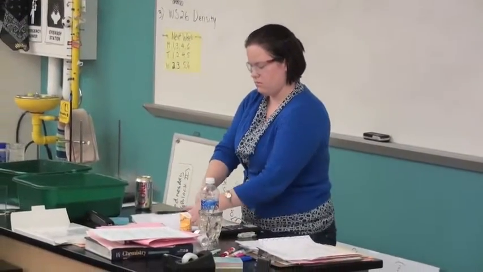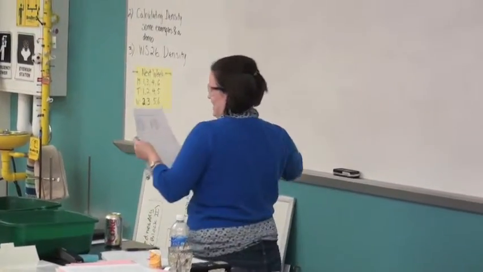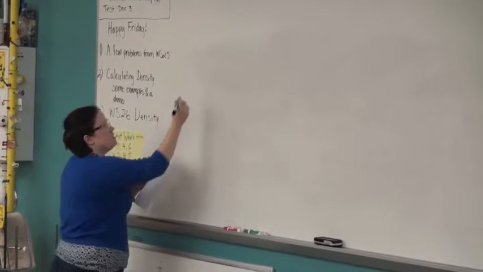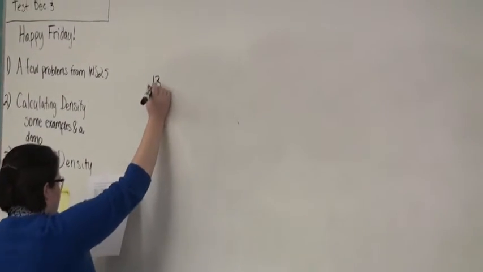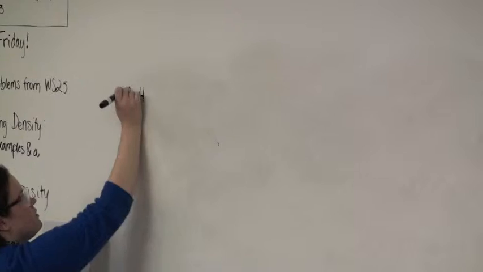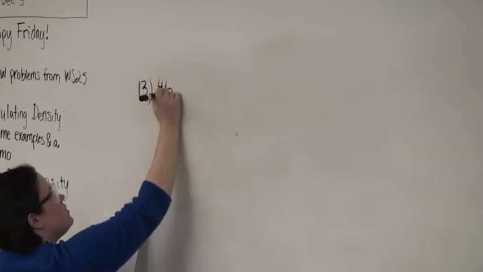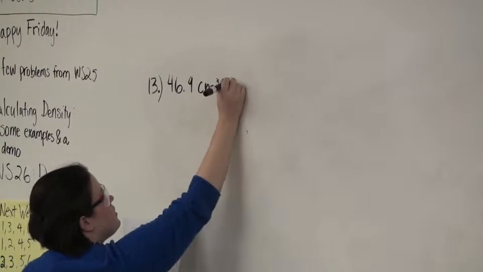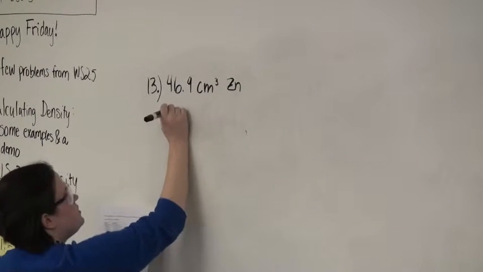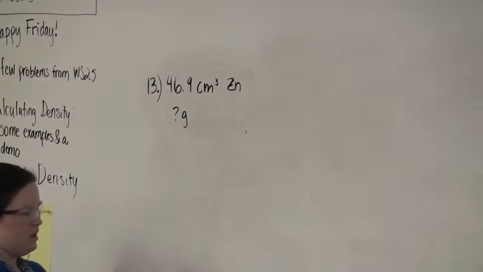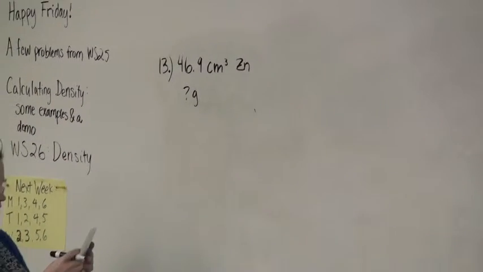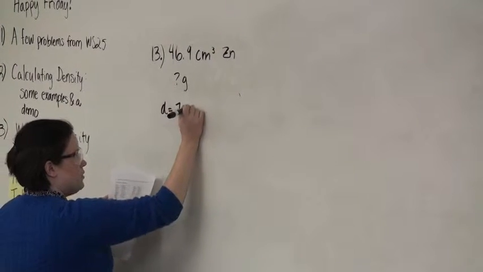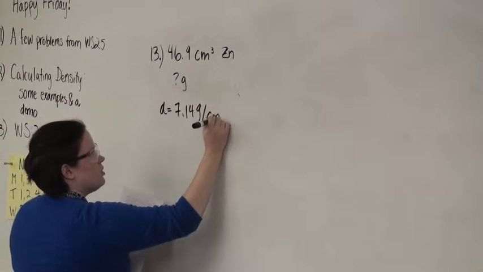So looking at number 13, number 13 says, I have 46.9 cubic centimeters of zinc, and I want to know what that is in grams. If I look at this table up here, I can see that the density of zinc equals 7.14 grams per cubic centimeter.